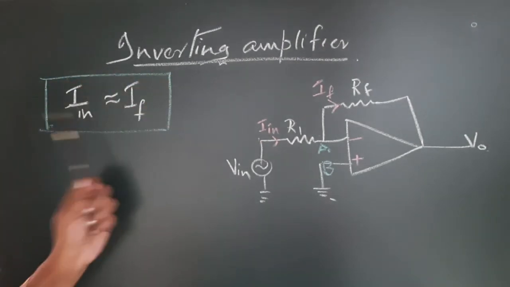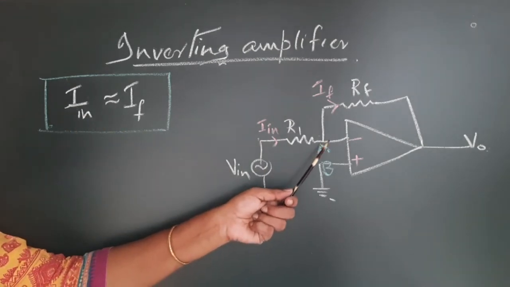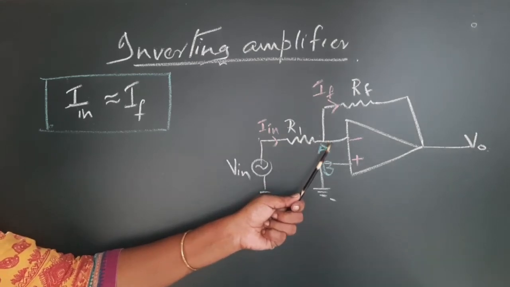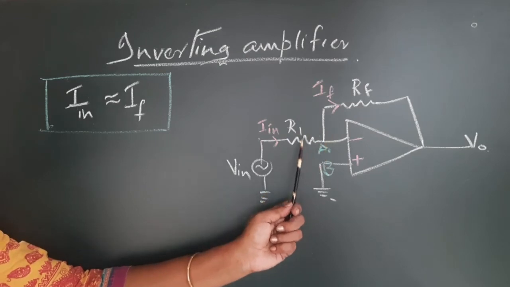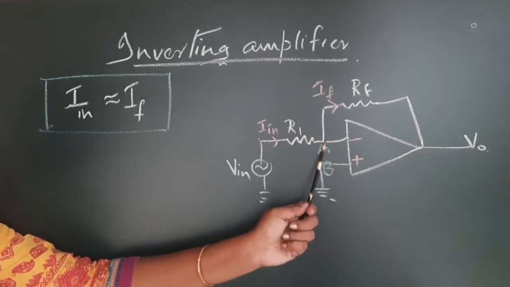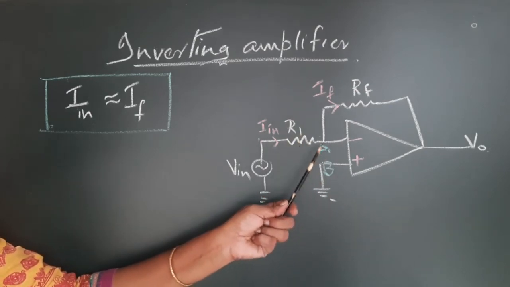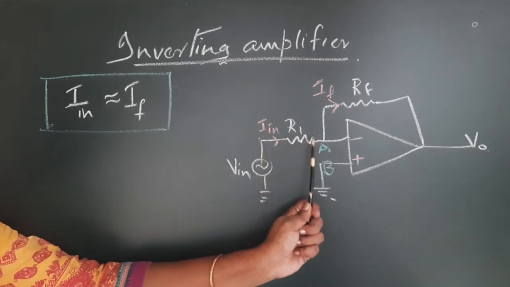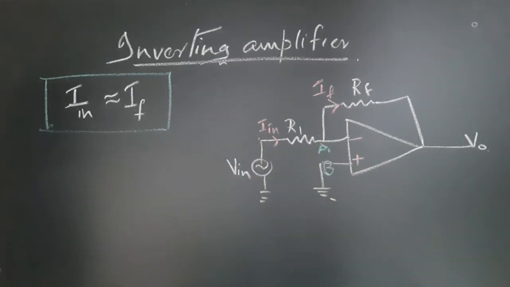So, be comfortable with this concept. It is because the point A is the virtual ground, but it is not a real ground. If it were a real ground, then the current would have flowed to that point through the ground. But it is only a virtual ground, so all the current flowing through this R1 will flow through RF. So, you can write it in this way.